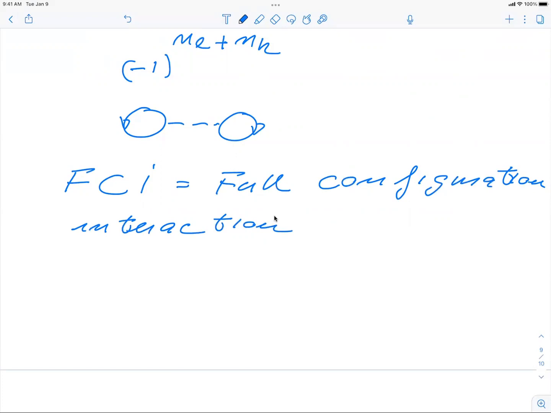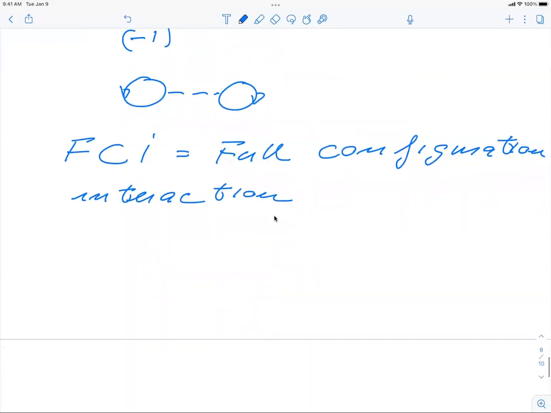So when you take and distribute n particles on a given set of single-particle states, all the ways you can make these distributions with the replacements, they are called configurations. So the ground state, this ansatz we made, is a typical configuration. One particle, one hole state is another configuration, and so on. So this is full configuration interaction theory.